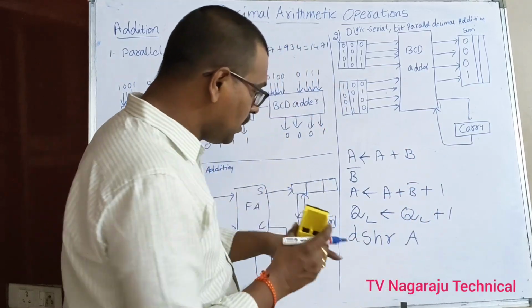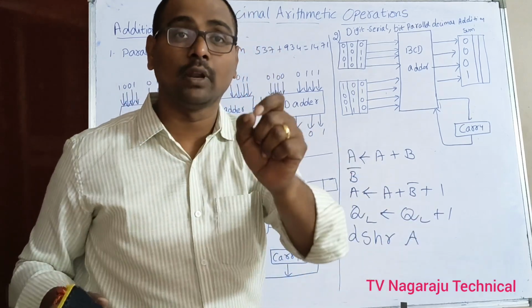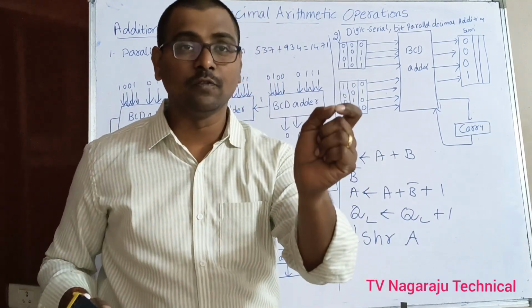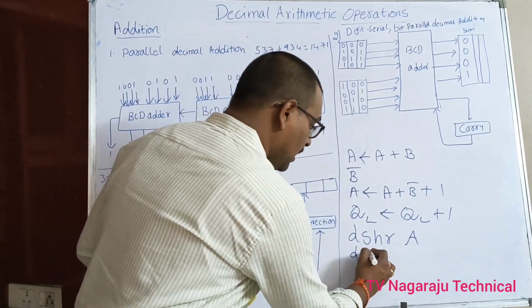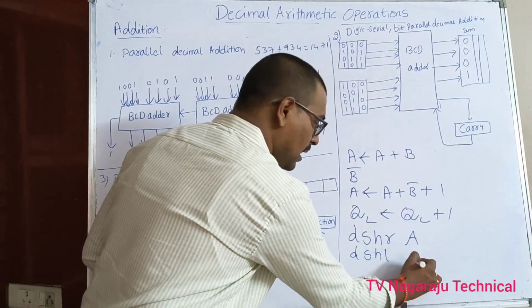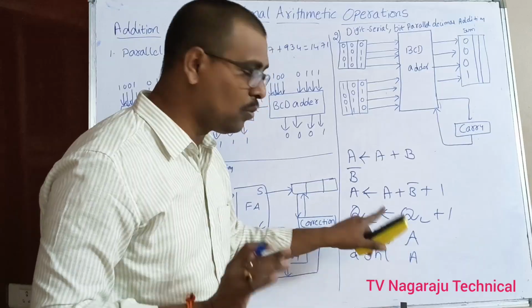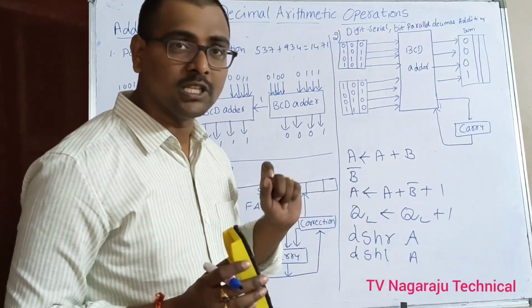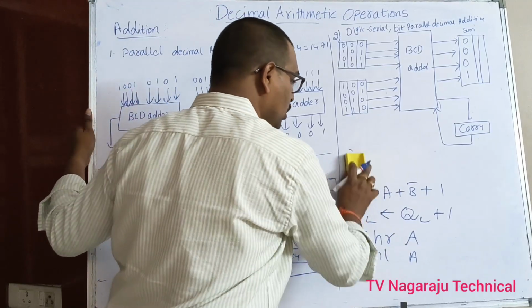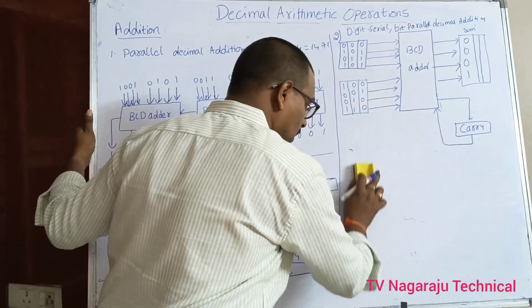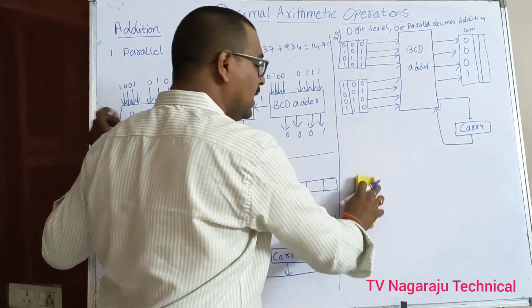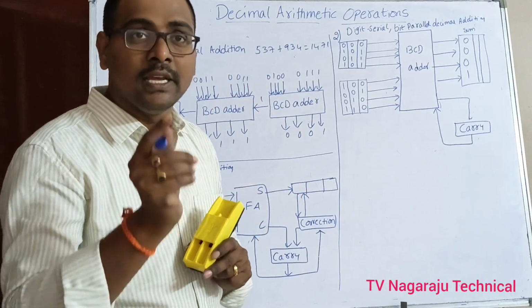DSHRA. What is meant by? We know SHR means shift right. D means decimal shift right. Similarly, DSHLA, decimal shift left. So for understanding, I will take one example. Suppose take some decimal shift right, and we will move to the operations. Now, how do we represent in the BCD?